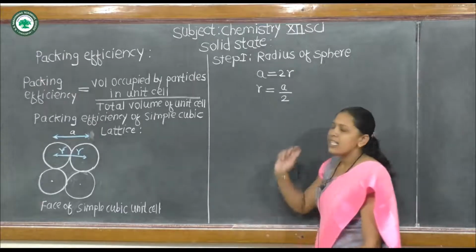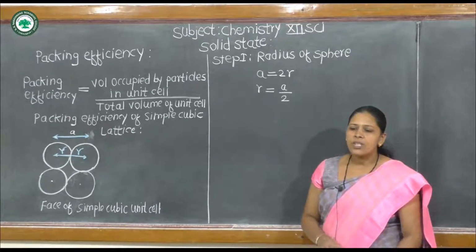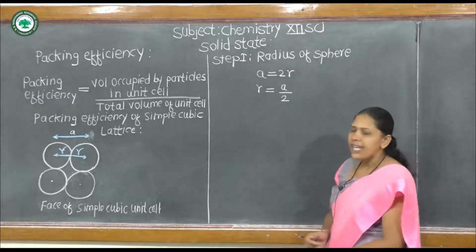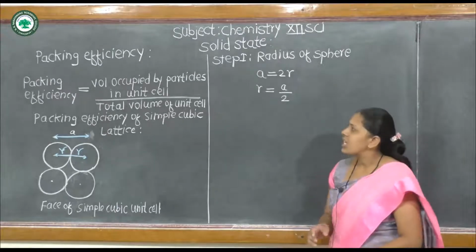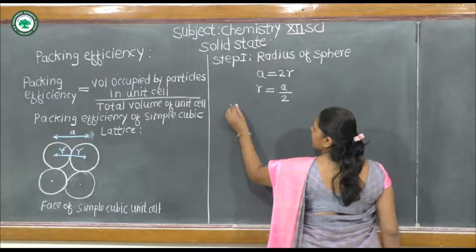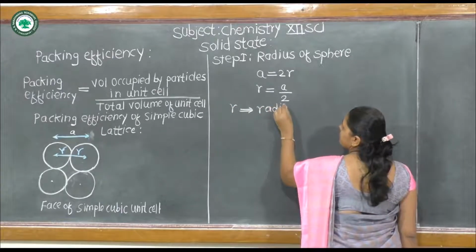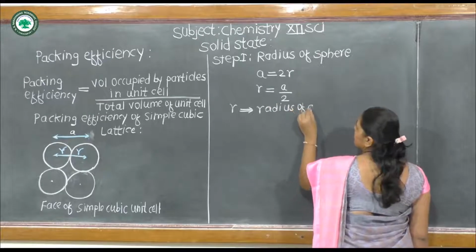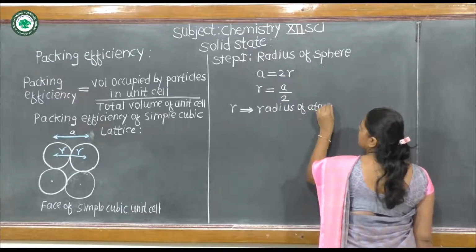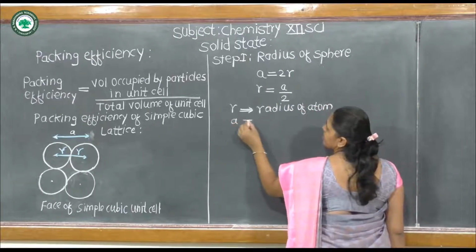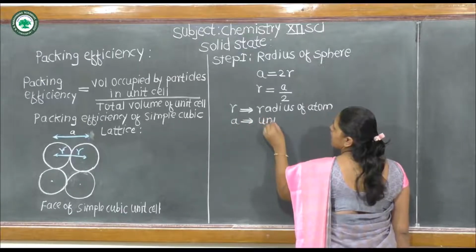Here R is the radius of the atom and A is the unit cell edge length.